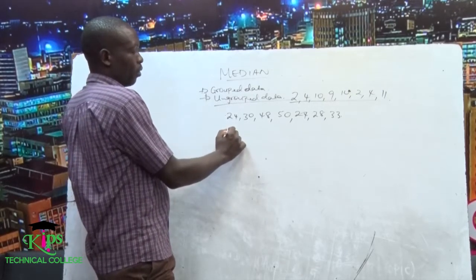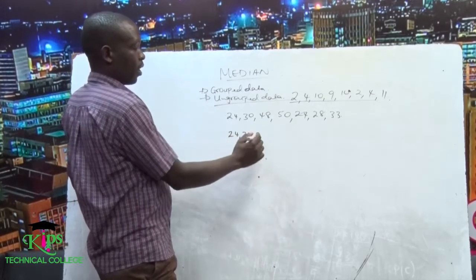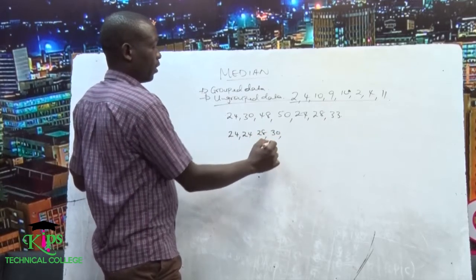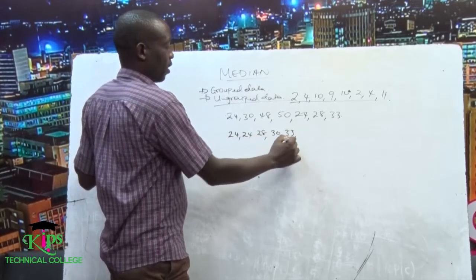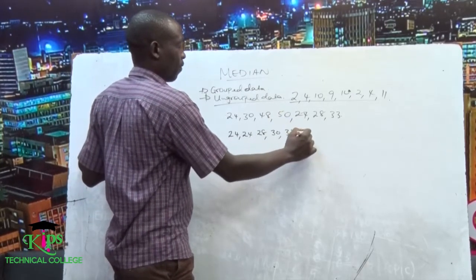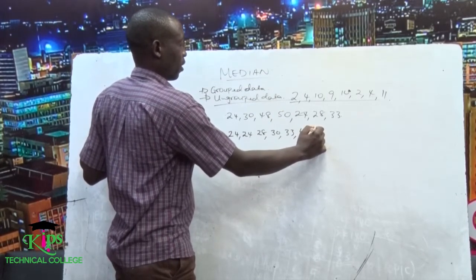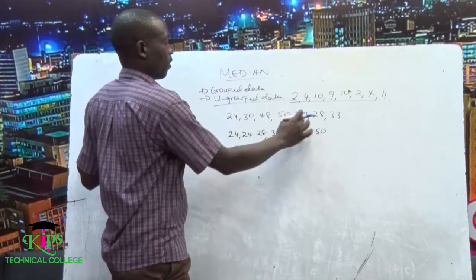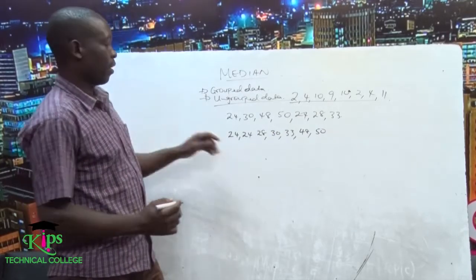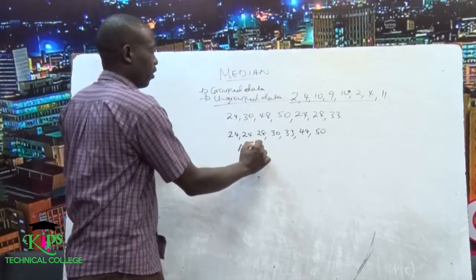So we have 24, the smallest, then 28, followed by 30, then 33, then 48, and 50. The n is the number of values, which is 7.